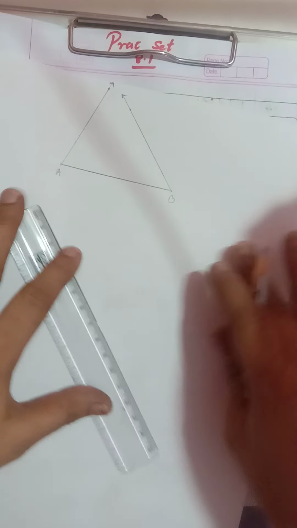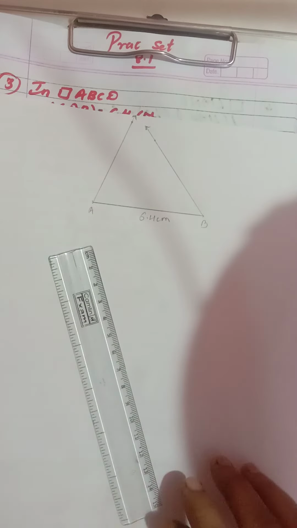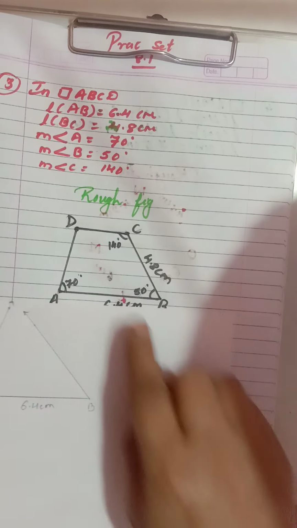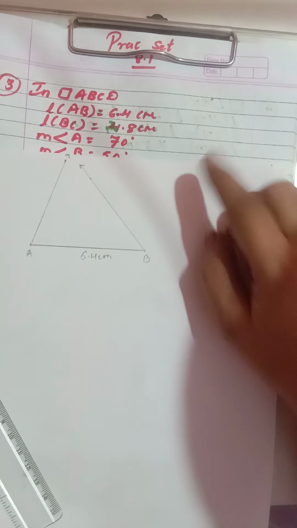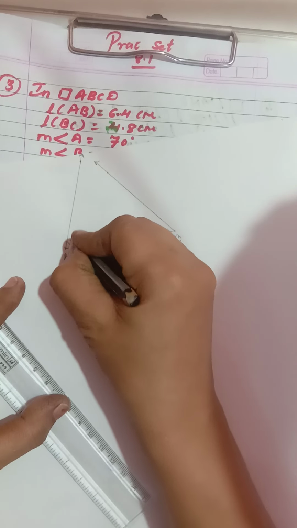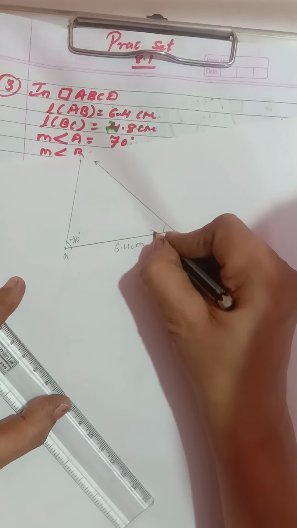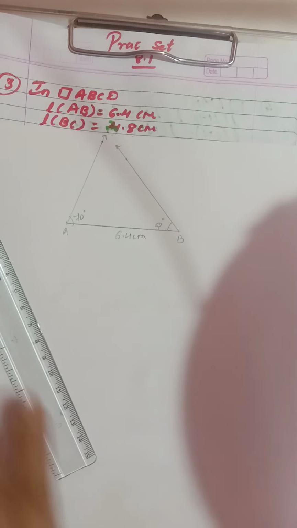Now see children, this is your 6.4 centimeter. Next step will be, we know that BC is 4.8 centimeter. So you are writing this is 70 degree, this is 50 degree, but now BC is how much? 4.8 centimeter.